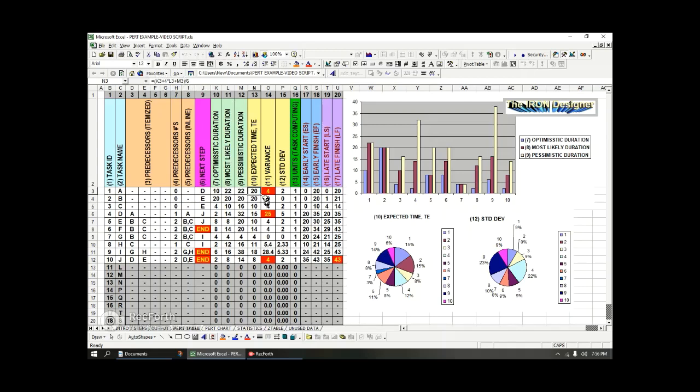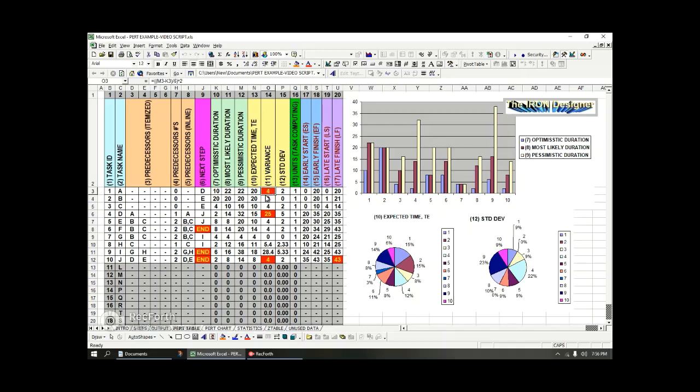That sum is divided by 6, okay? So you can see that it's heavily weighing on the most likely time. It's 4 times this plus that plus this. Now you have 6 factors because 1 plus 4 plus 1 is 6. So it's dividing that by 6. So the expected time is kind of like an average, with heavy weight on the most likely time.